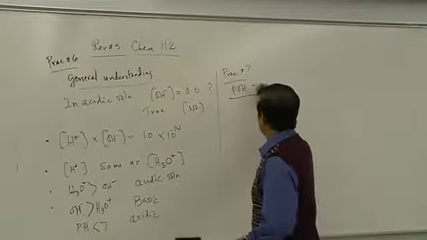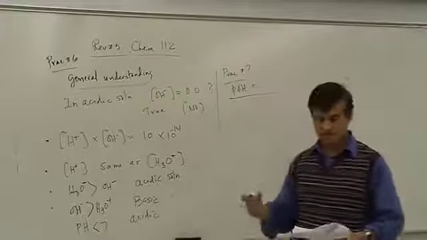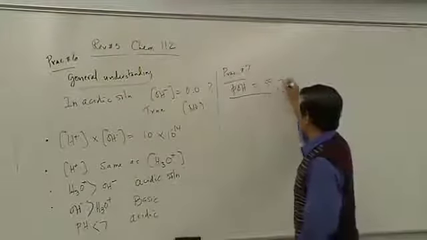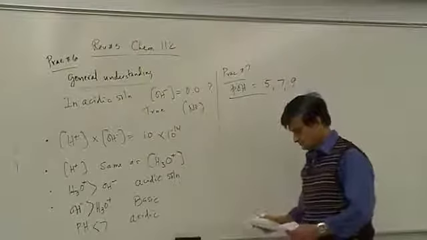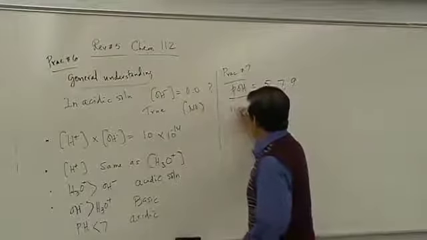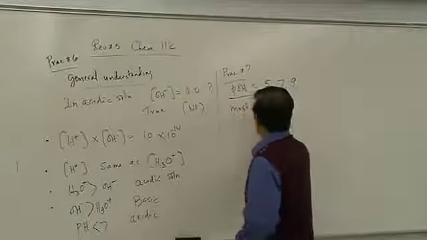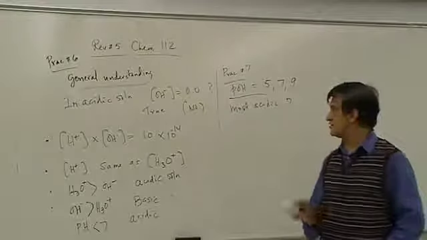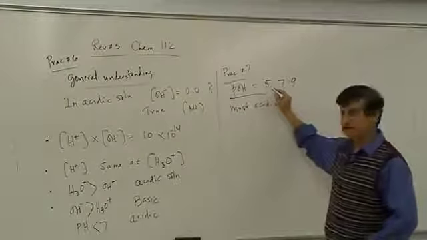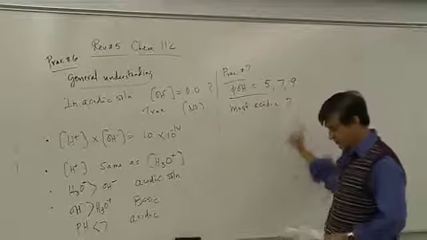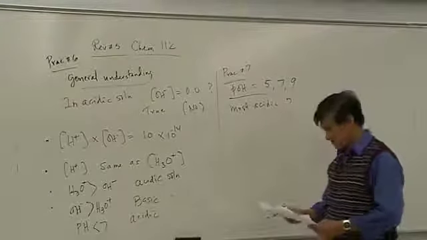Say I'm giving you 3 different solutions with pOH values of 5, 7, and 9. If I want to find out which one is most acidic: solution 1 has pOH 5, solution 2 pOH 7, solution 3 pOH 9.